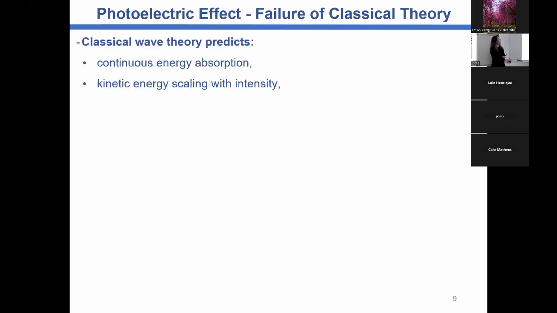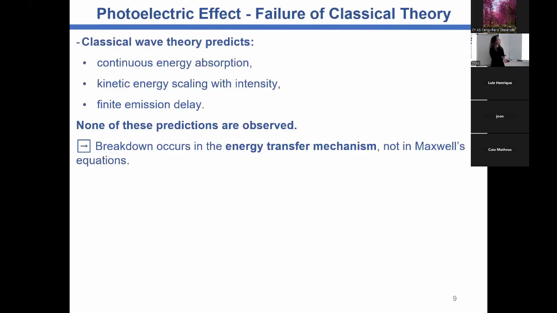So the classical theory would predict that energy should be continuous, not with specific values. The kinetic energy would increase with the intensity, and this was not observed in the experiment. And there would somehow be a finite emission delay, and we did not observe it.